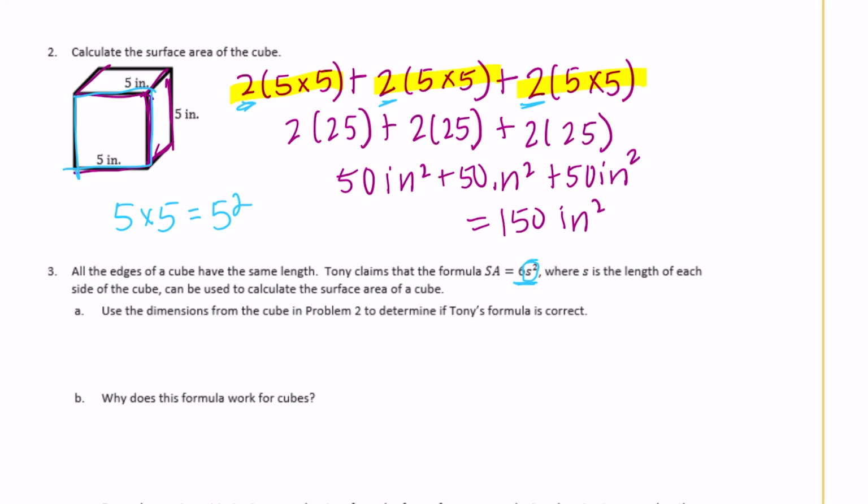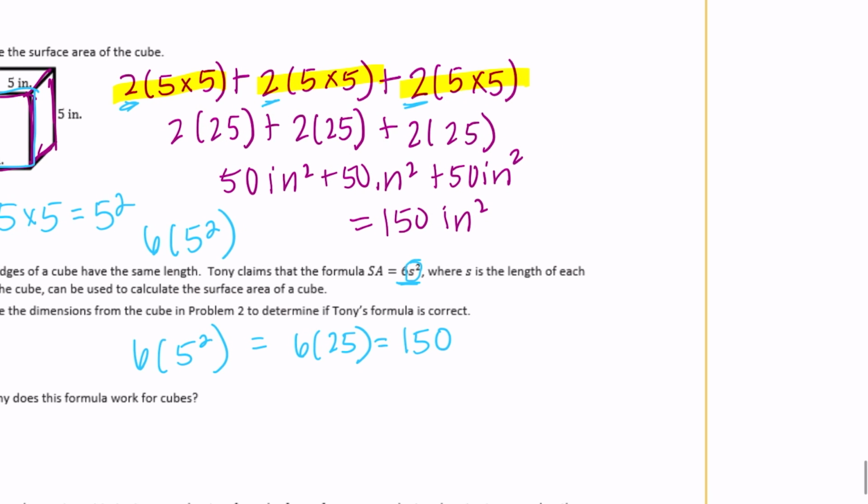And yes, there are 6 sides of a cube. So we would do 6 times 5 squared, which would be equal to 6 times 25, which is equal to 150. So yes, this formula is correct. So we can say, yes, it is correct.